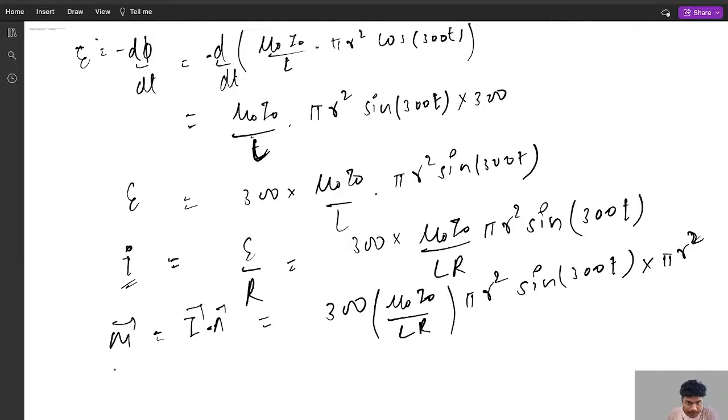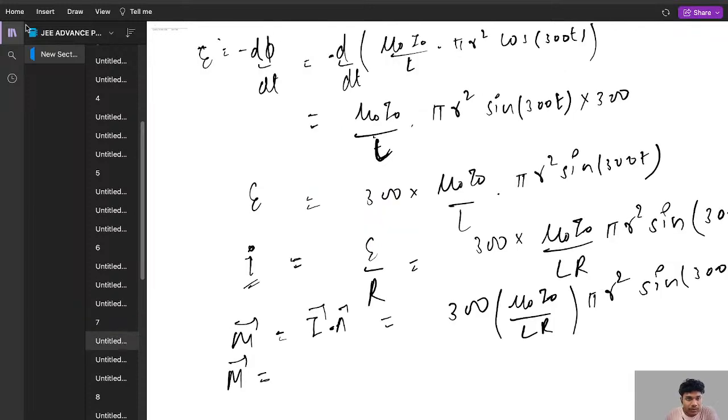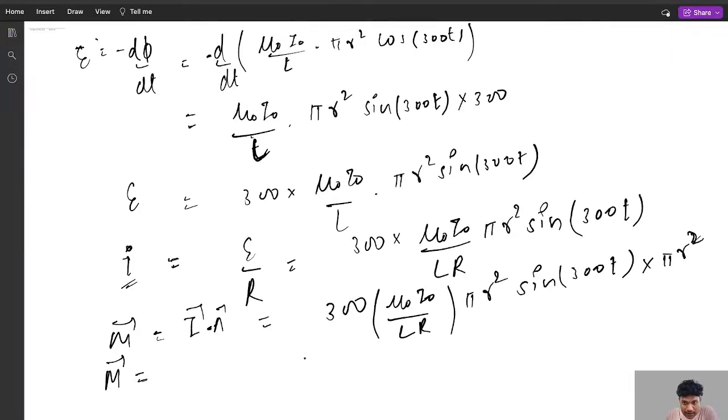Now put the value, that is magnetic moment is equal to... we need to write it in terms of mu naught I naught sine 300 t.